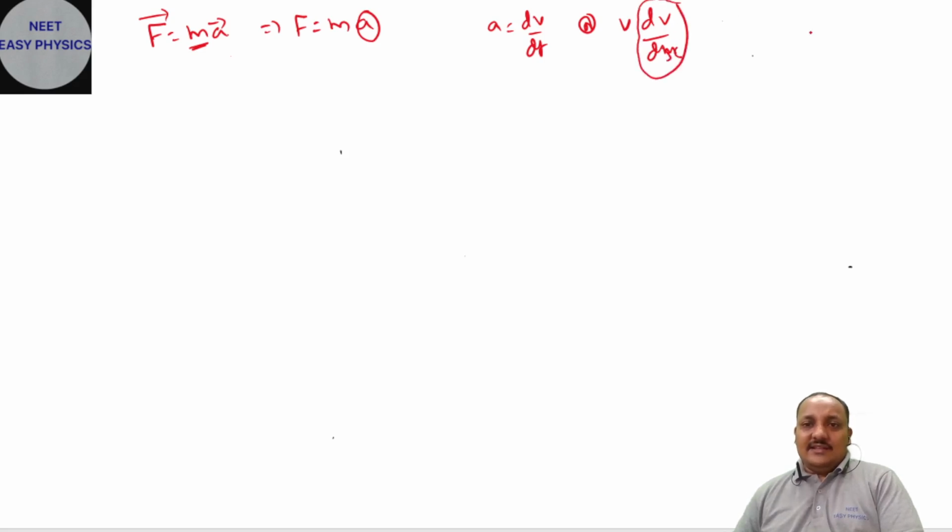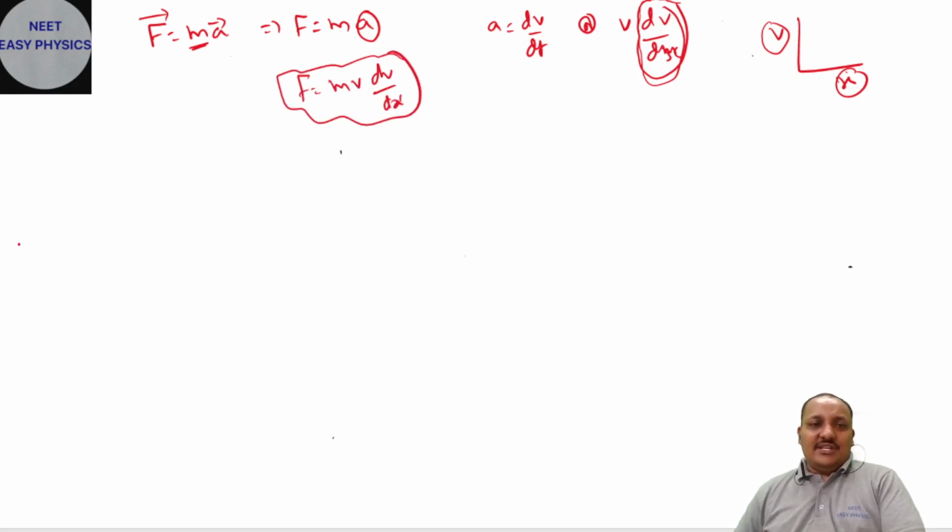For dv by dx, they will give a velocity-distance graph and the mass of the object, then ask for the force. The slope of the velocity-distance graph gives dv by dx, so if you apply mv dv by dx, you are going to get the force. So one way is by changing momentum, another is by acceleration. By using these equations also we can get the force.